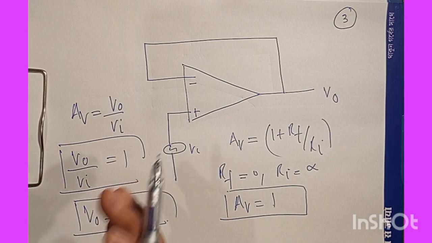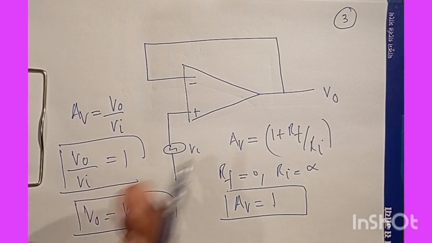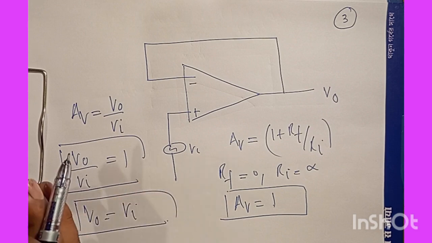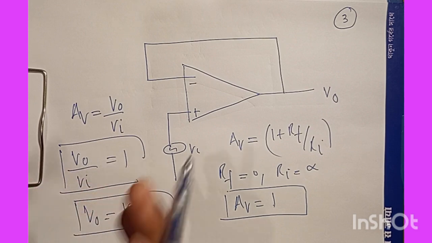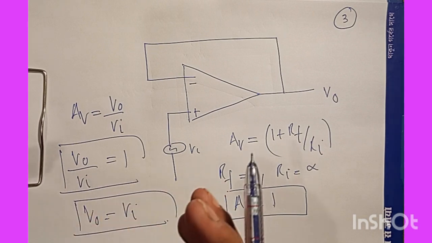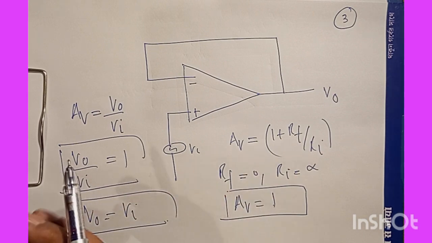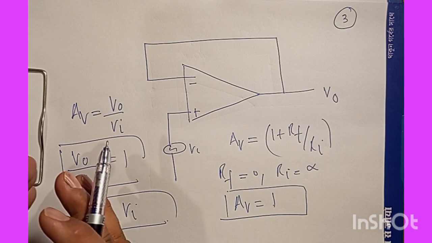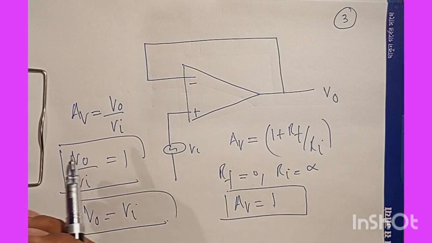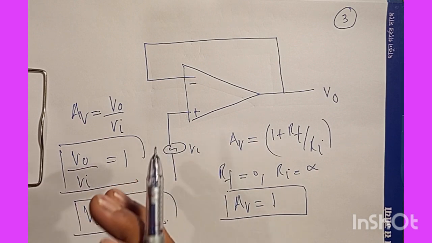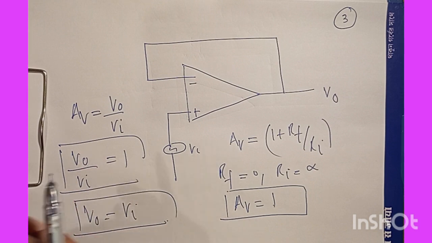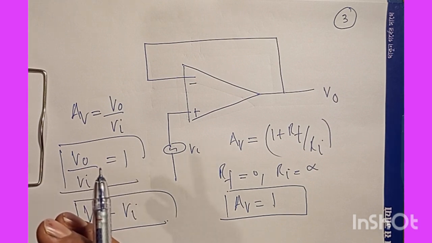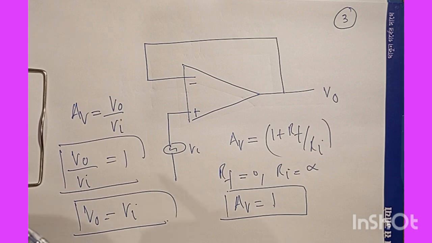and the necessary outcome of this arrangement is that the output voltage is exactly the same as the input voltage. But what is different? What is making this kind of circuit important is that we have large input impedance and extremely small output impedance. And as I said in the beginning of this lecture, we look for impedance matching situations.